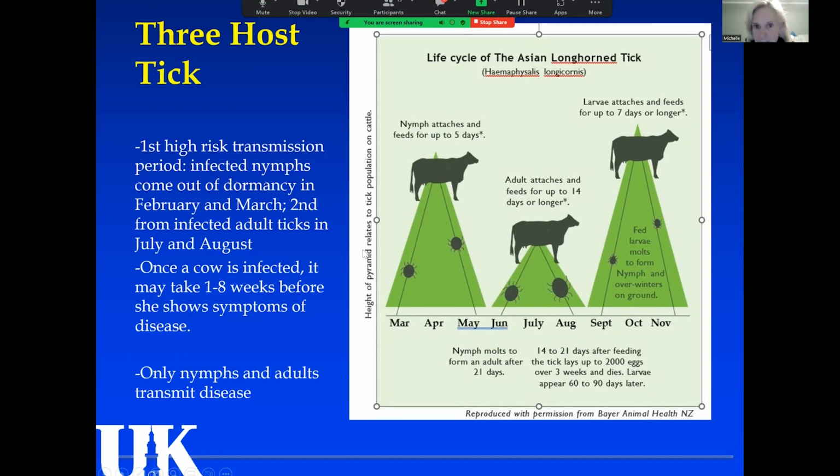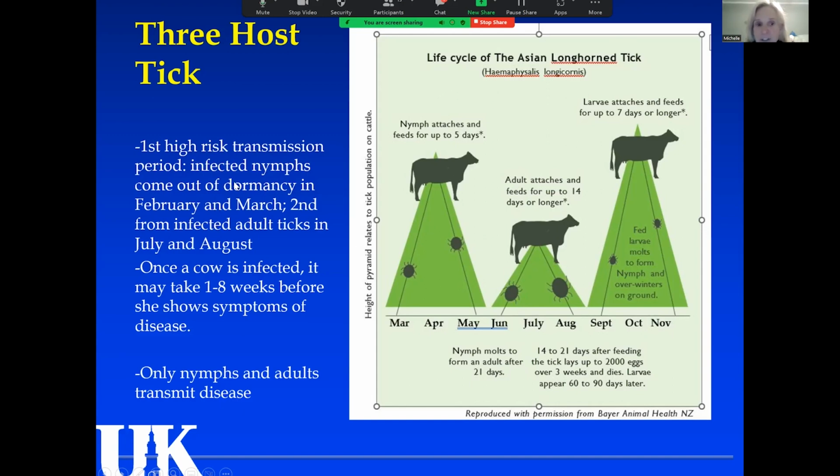The nymphs can actually transmit the disease as well as the adults. If these nymphs got infected before they overwintered and they come out in the spring, that's why we can have a small spring peak of disease. And then the other time is when the adults can cause the disease.